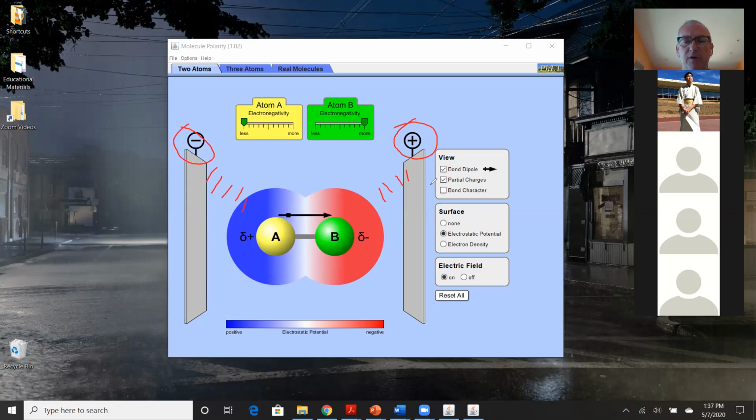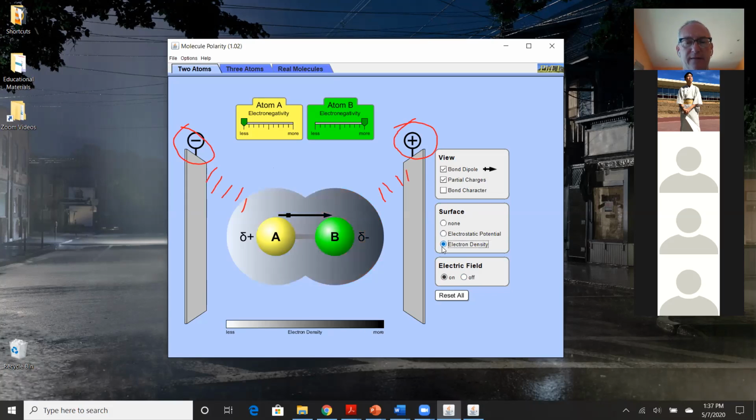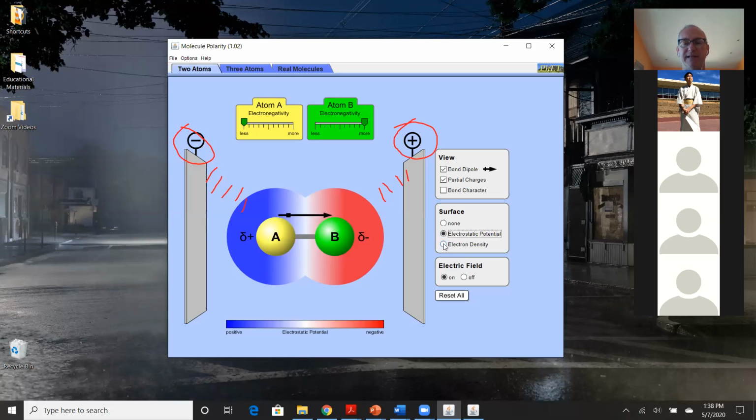So you can look at the electron density. You can see that there's more electrons closer to the B. That makes sense because it's more electronegative. It's pulling more of those electrons toward it. What the electrostatic potential means is how charged is it? That's all that means.